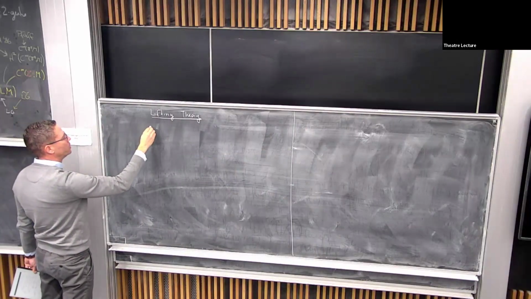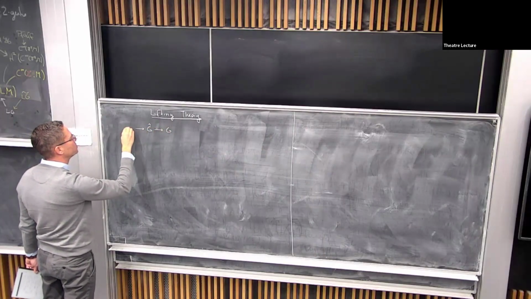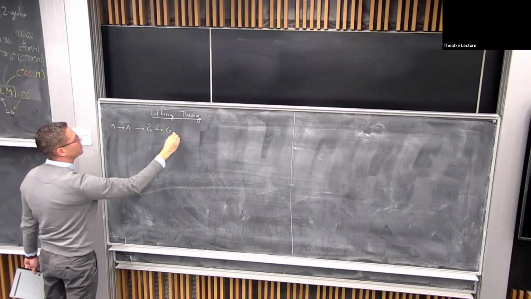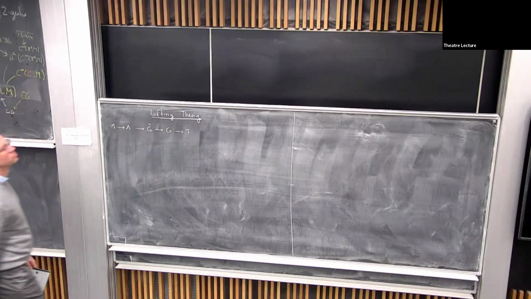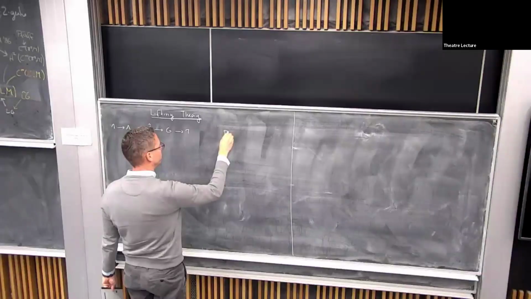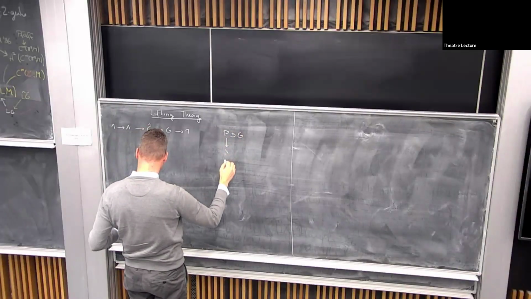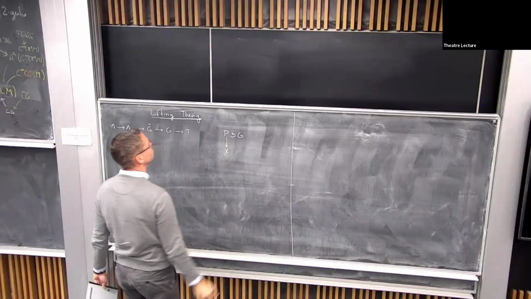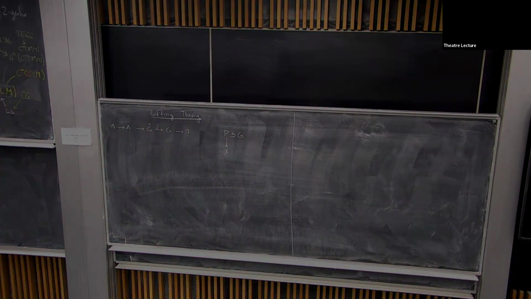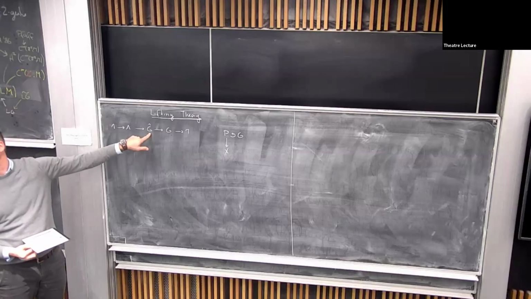If you have a central extension of Lie groups, and you have a G-bundle P over some manifold X, then there is the question: does the structure group of the G-bundle lift to the bigger group G-hat?